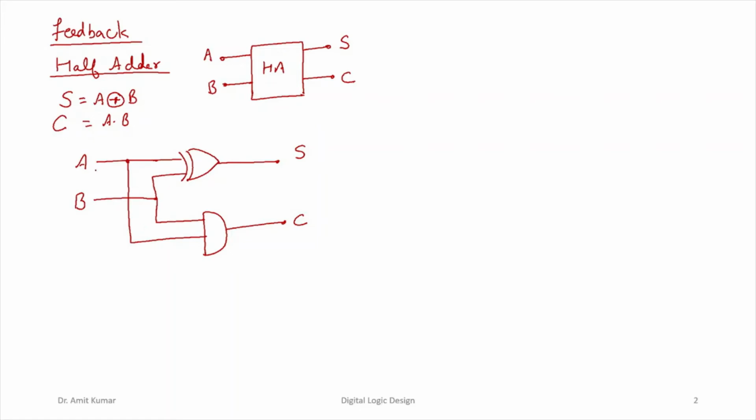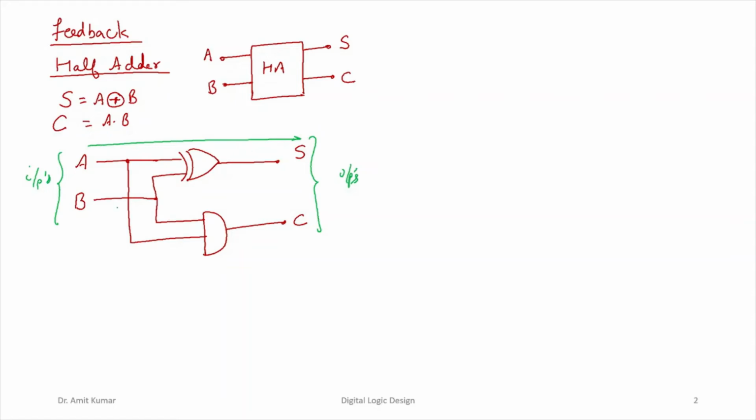Now if you carefully observe, these are the inputs and these are the outputs. From the input to the output, there is only one direct way to reach the output.